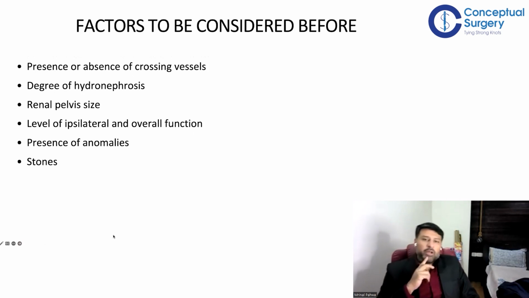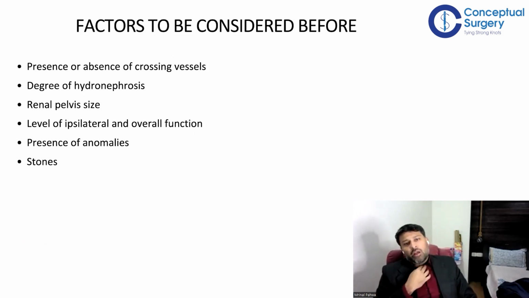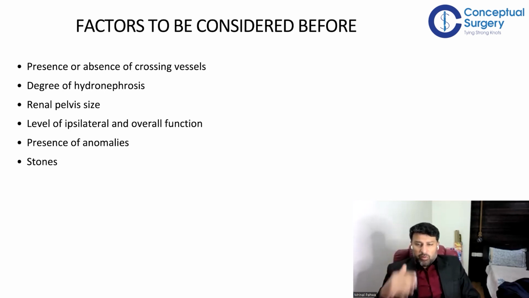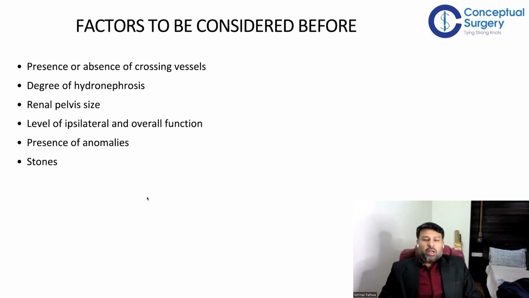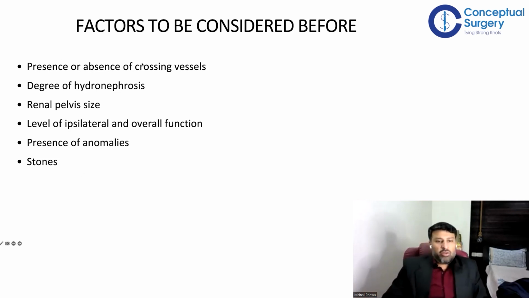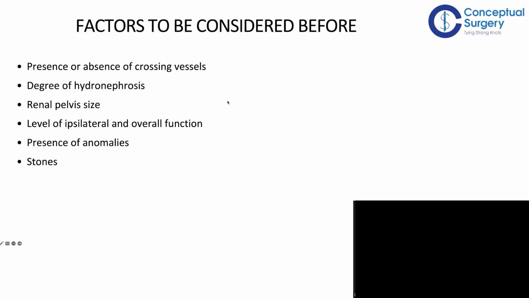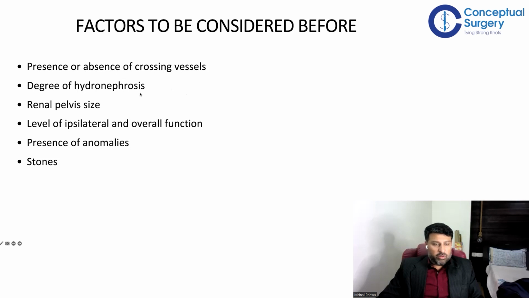The factors that need to be considered before planning a procedure and before proceeding with any named surgery: from the various imaging studies we have, we have to take into account the presence or absence of any crossing vessels, especially aberrant vessels, and the degree of hydronephrosis present in the affected kidney.